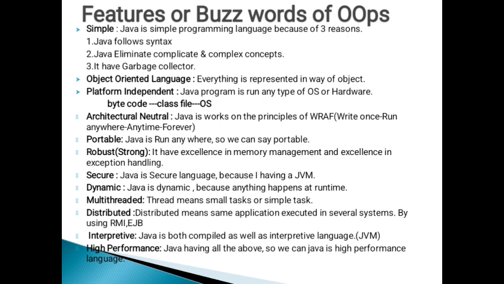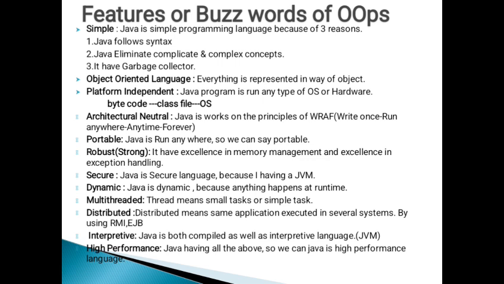Dynamic means there are two reasons. One is that Java compiles into bytecode or a class file. The file will be loaded into memory during runtime. If anything happens during runtime or execution time, we can say Java is a dynamic programming language.